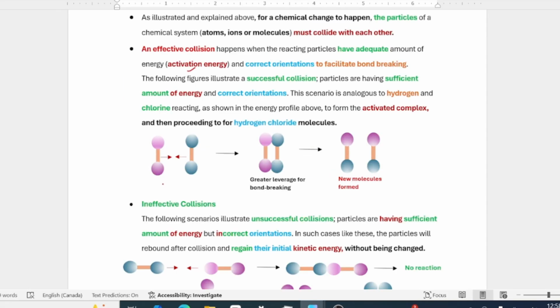These ball and stick models here depict how a successful collision happens. They have enough energy, there's correct orientation of the molecules, and that results in product being formed. When the molecules are colliding in this way, they are said to have a greater leverage for bond breaking to happen.